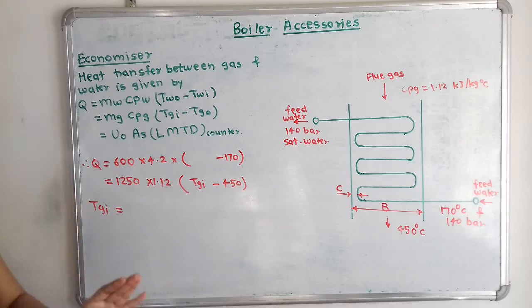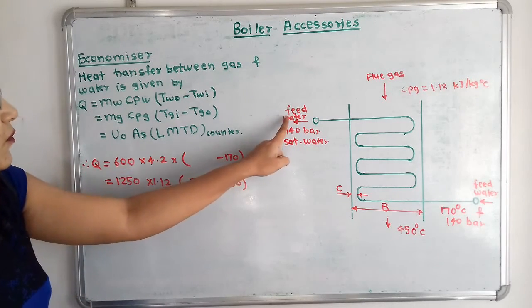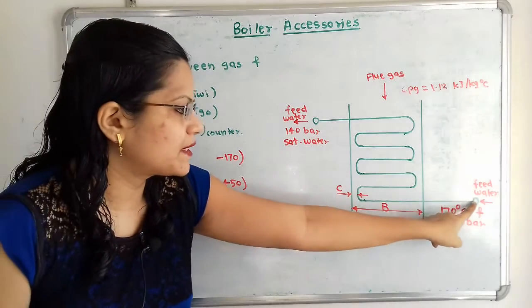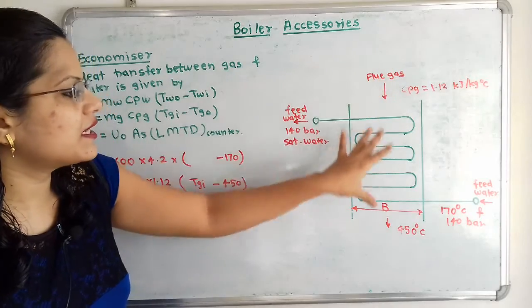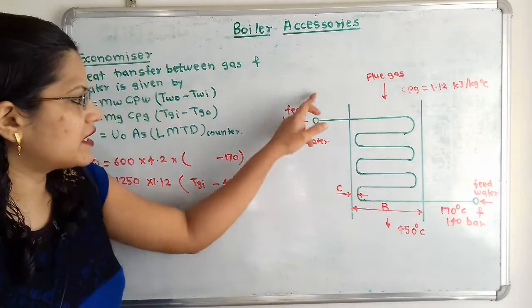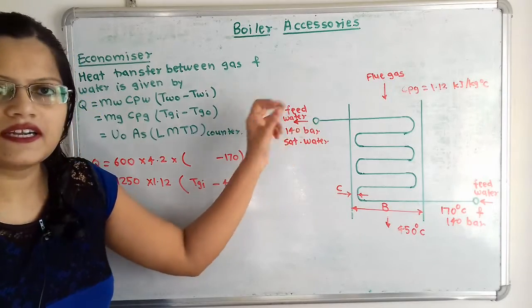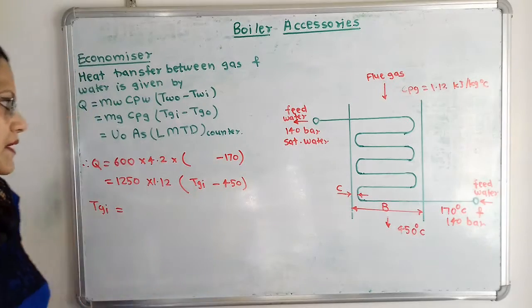Here the temperature difference is the temperature of feed water outlet minus the temperature of feed water inlet, because whenever heat absorption takes place in the feed water, the outlet temperature is higher than the inlet temperature.